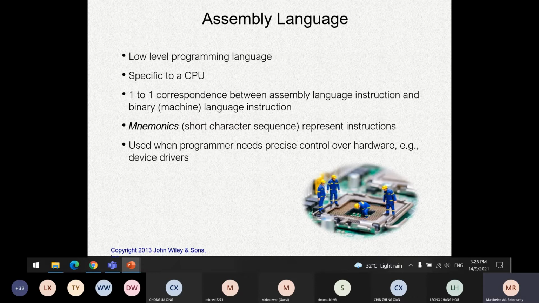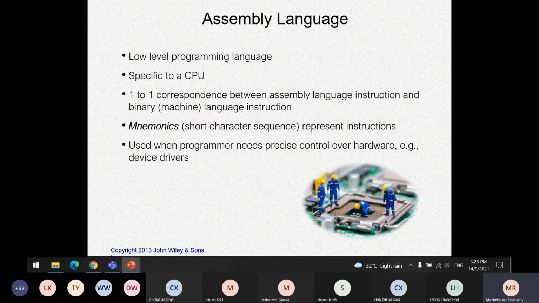It runs immediately on hardware, or we call it a machine independent language. That means it doesn't depend on the hardware or the platform. It can run on any platform. So that is Java. That's one of the reasons why Java is very popular. But to learn Java is very difficult. Java is a very complicated language.